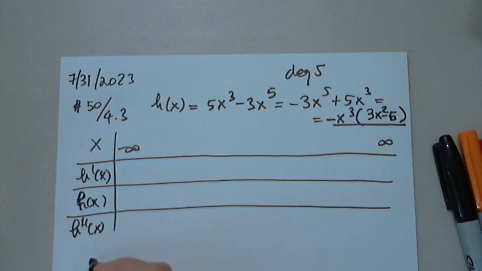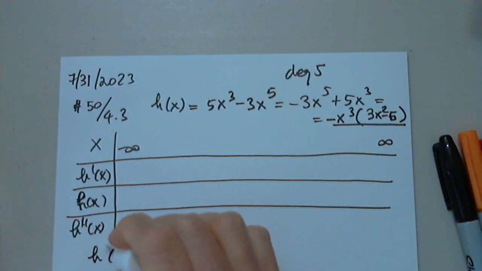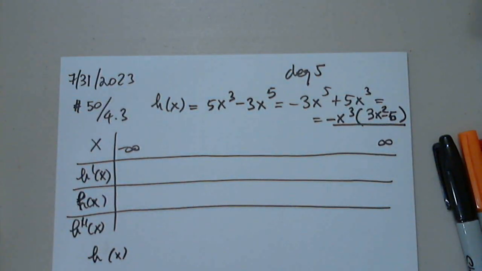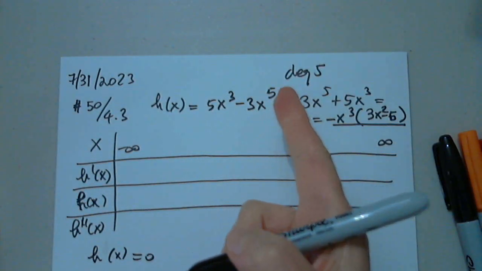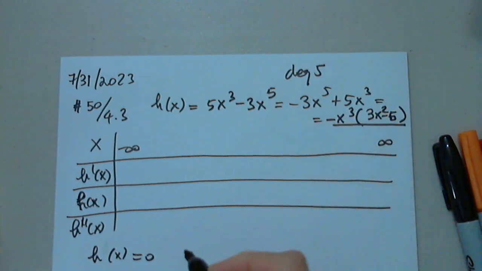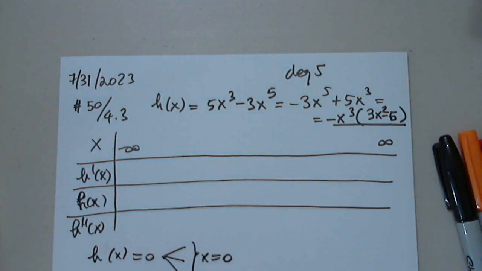So when I set h equal to 0 to find the x-intercepts, I have to have 5 solutions. Well, it happens that 3 of them are the same: x equals 0.